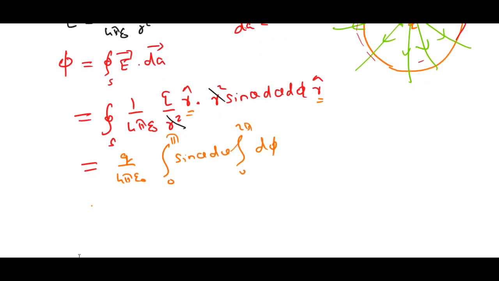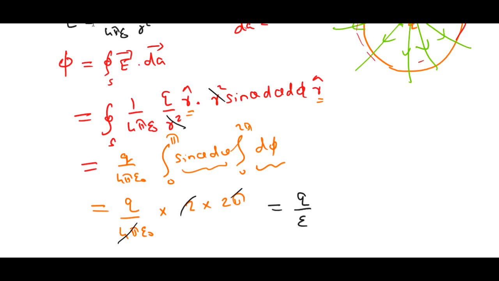Then the answer will be 1 by 4 pi epsilon 0 into, this will give the answer 2, and this will give the answer 2 pi, and this 4 pi will cancel out.